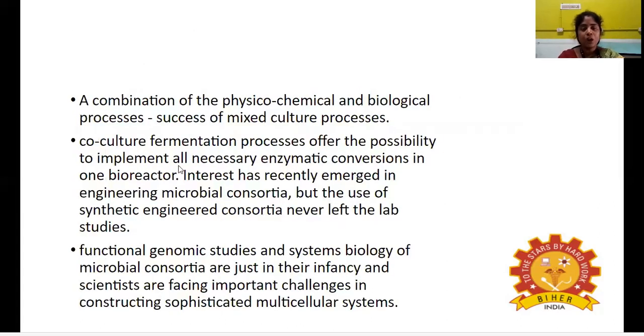So here when we talk about the mixed culture fermentation process, this represents the necessary enzymatic conversion in the reactor for engineering the microbial consortia for the production of any form, rather than using the synthetic engineered consortia.